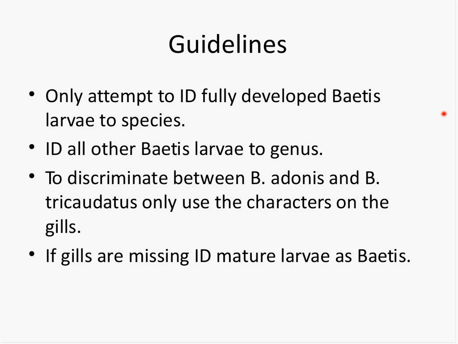One of the reasons why we would like people to try to ID the mature intact Baetis adonis tricaudatus in Southern California is so we can get a pool of specimens from that region of mature larvae, so that maybe we can use those in combination with a more in-depth molecular study in the future, to help sort out what's going on down there.